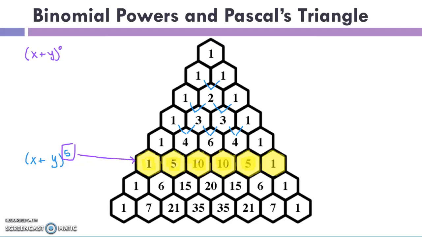So the coefficients for x plus y to the 5th are 1, 5, 10, 10, 5, 1. But the powers in each term have to add up to 5. How many terms are there? There's 1, 2, 3, 4, 5, 6 terms. So keep that in mind, and we're going to do an example real quick.